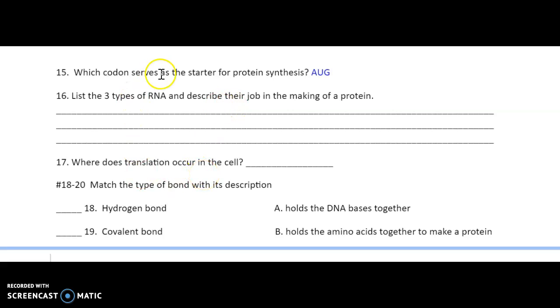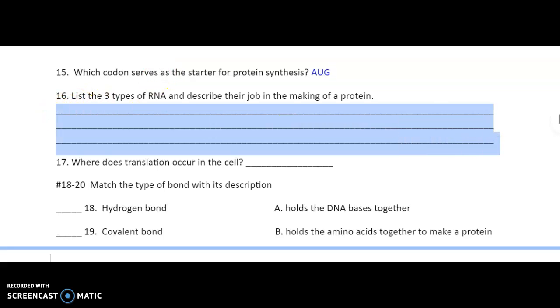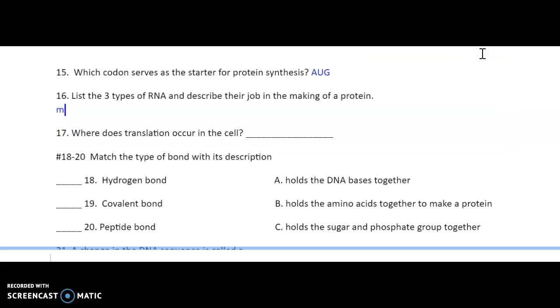Number 16 says, list the 3 types of RNA. The first one we talked about was mRNA, and that is messenger RNA.